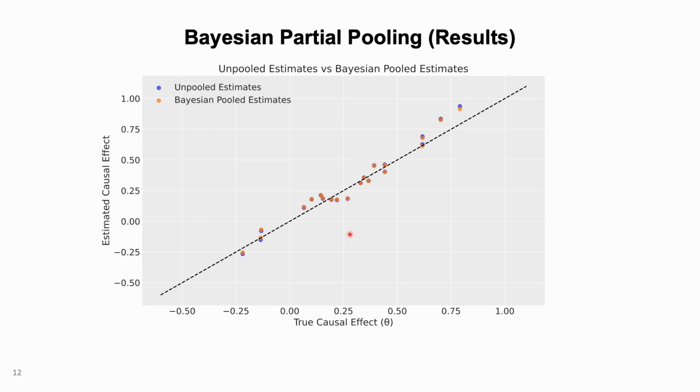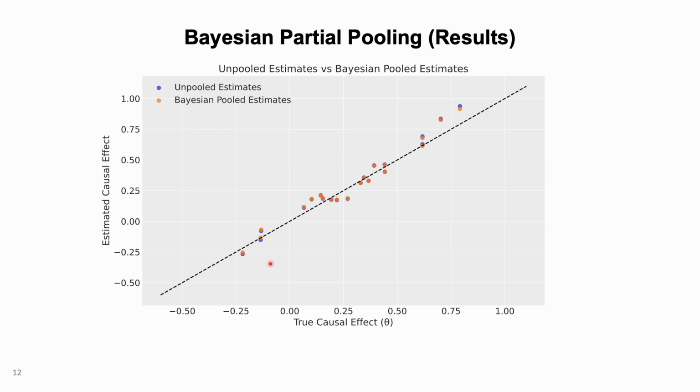We compared the results from unpooled estimates and Bayesian pooled estimates in this figure, where the x-axis is the true causal effect and the y-axis is the estimated causal effect. For a point estimate, if it is closer to the diagonal line here, it means it's more accurate.